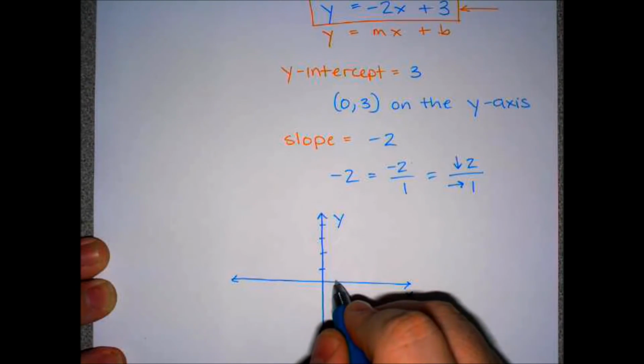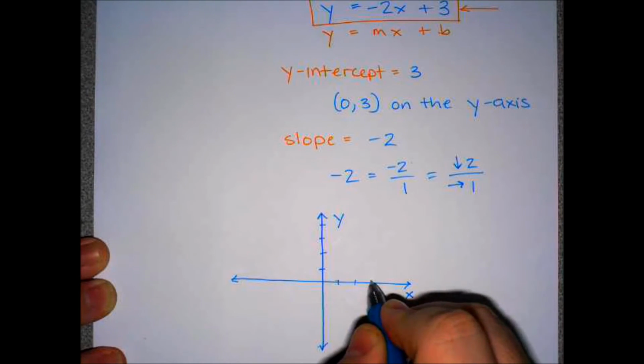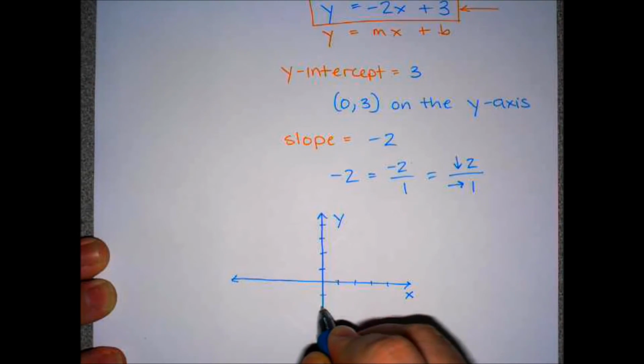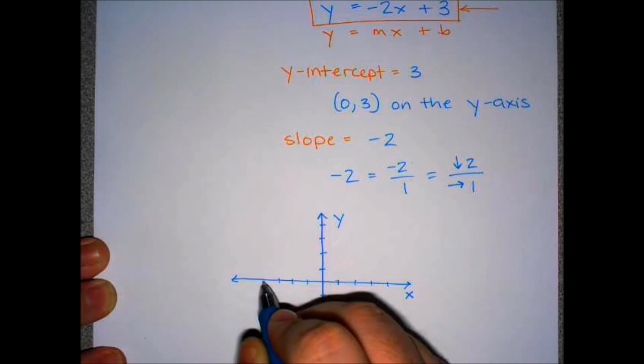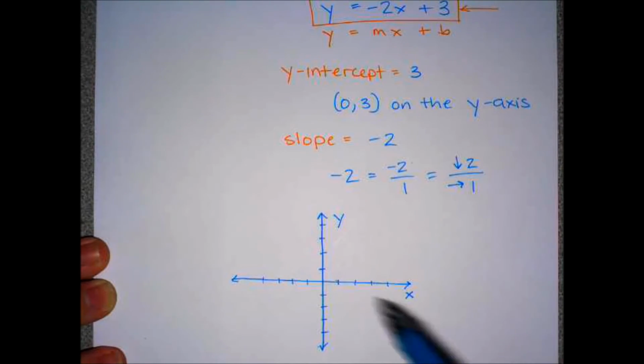I'm going to make 4. 1, 2, 3, 4. 1, 2, 3, 4. You could do more, but I didn't want to make this really complicated looking, and we're just trying to get an idea.